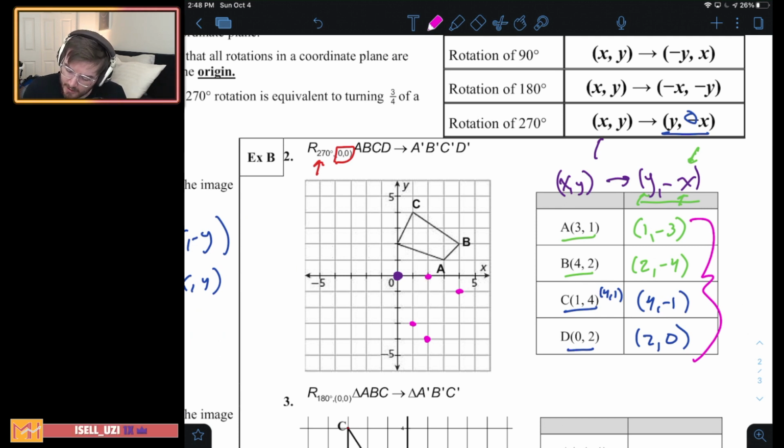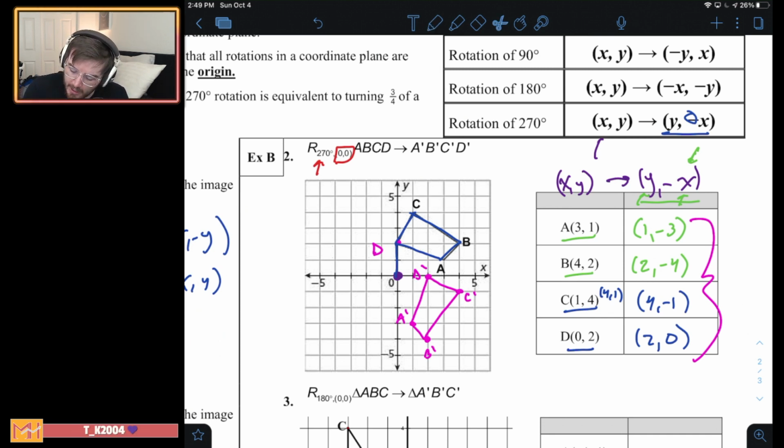So this is A prime, B prime, C prime, D prime. Looks like there was no D on that. There we go. Whoops. I guess I can't do that because it's going to make it a perfect shape, isn't it? There we go.